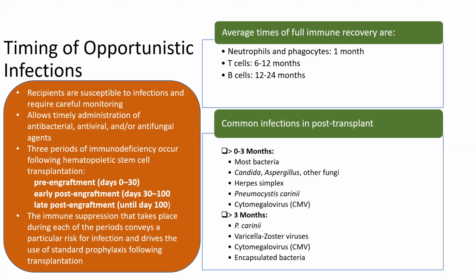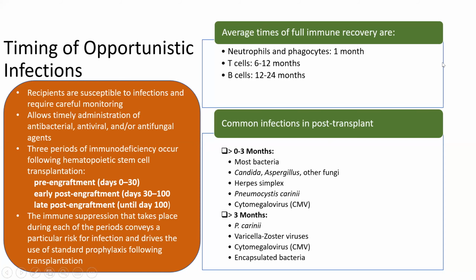And so previously, the pre-engraftment period is considered, infections could occur between days 0 to 30 as illustrated in the diagram. And this is the critical point where you need to ensure that the patient is properly managed for whatever infection has ensued.